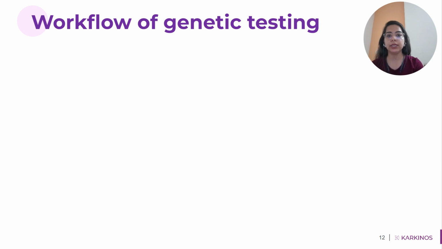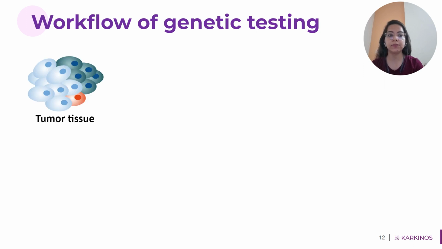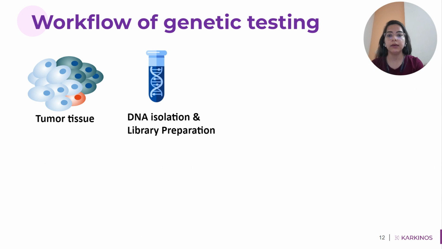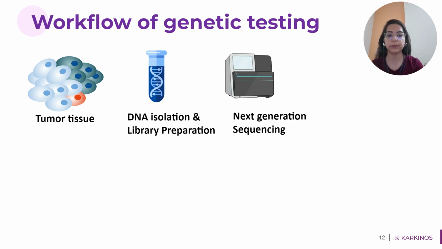When we talk about genetic testing, the workflow starts with procurement of a suitable sample. It could be a blood sample for germline testing or a tissue biopsy for somatic testing. Then DNA is isolated, and based upon the NGS assay, a library prep is performed, followed by sequencing, and at last we obtain the data in the form of the variants that belong to that sample.